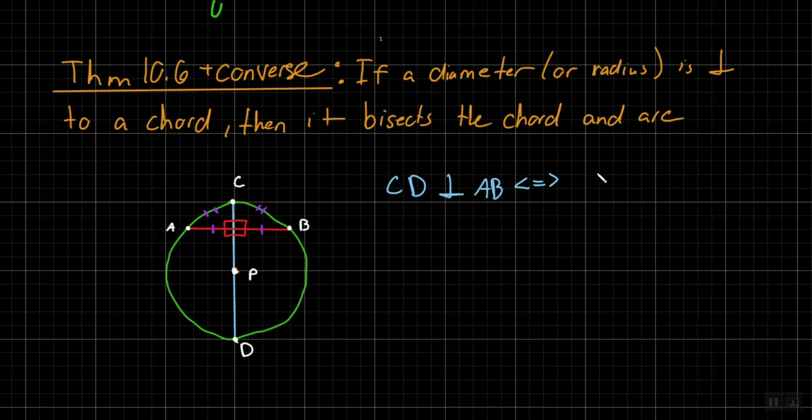Then we know two things are congruent. What are two things? Camille, what's one of them? Oh, I'm going to have to label this. Let's call that X. Okay. Yep, AX is congruent to BX. And, Raylene, what's the other thing that's congruent?